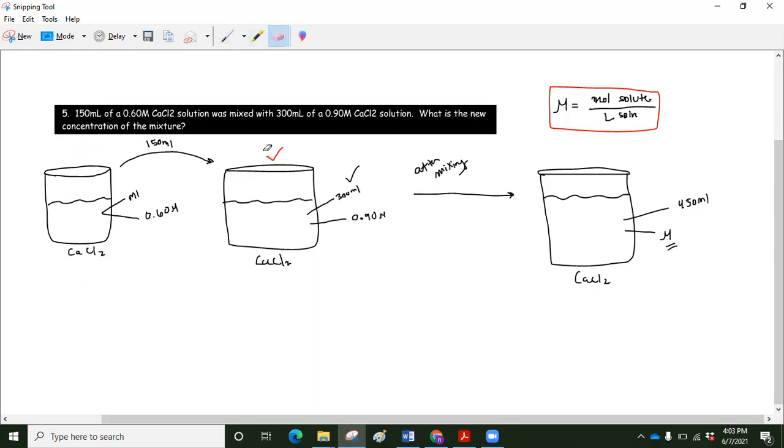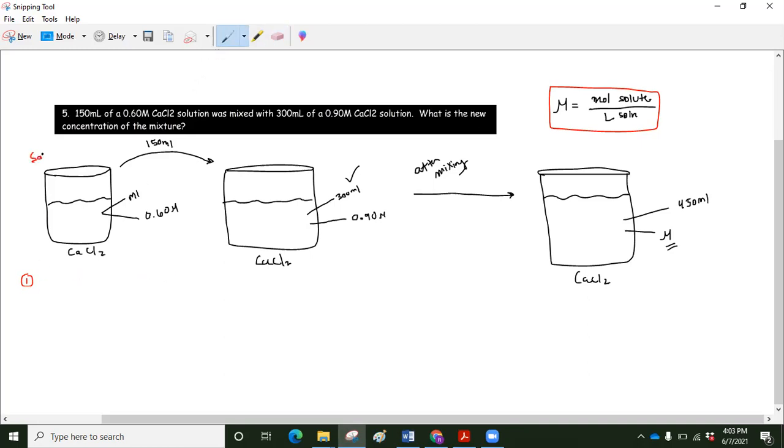Well, okay, what I'm trying to say here, if I'm making it sound complicated, is one step is: how many moles are in both solutions, right? Well, what you could do is just find how many moles are in this solution.